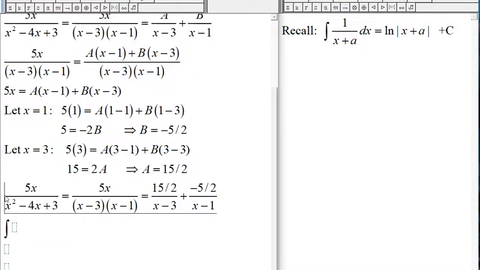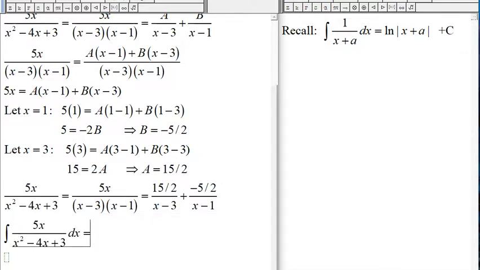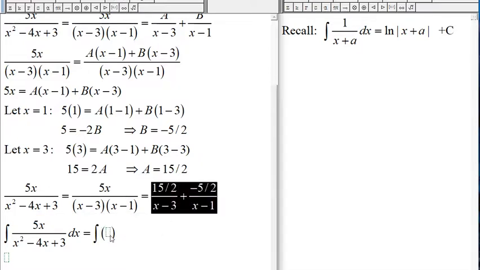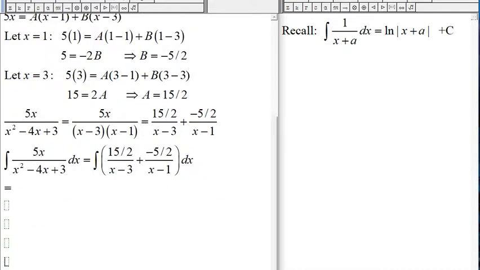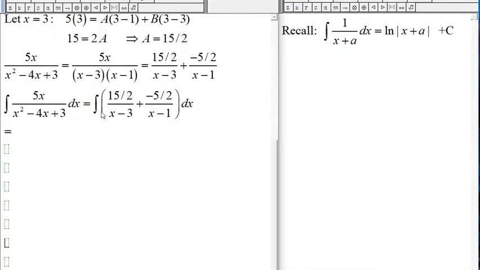And so the integral of this will be equal to the integral of the decomposition right here. We'll rewrite this as two separate integrals.